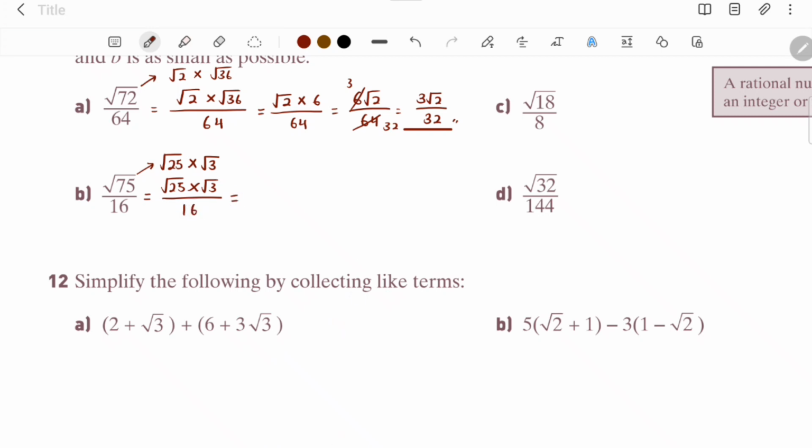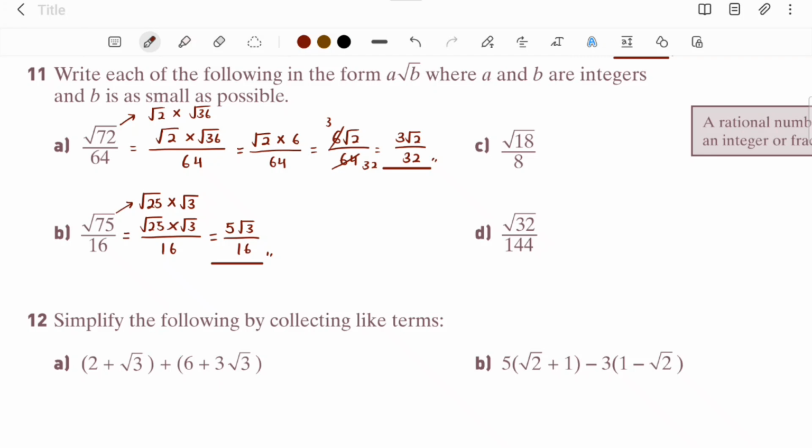Surd 25 is actually 5, and then Surd 3 copy back down over 16. If it cannot be further simplified, then this will be your final answer. So actually to check the final answer, you can just straight away press this whole thing into the calculator and then press equal. Then if your final answer is not this, then you have to try again.